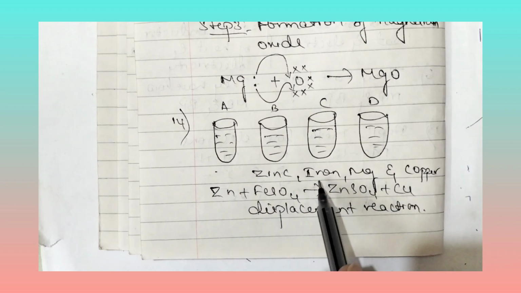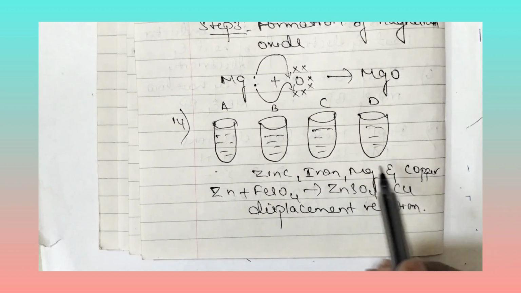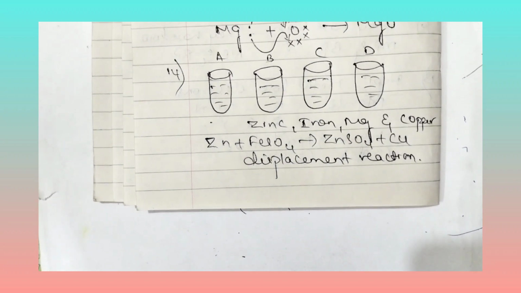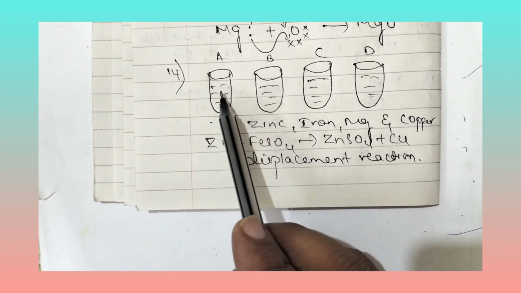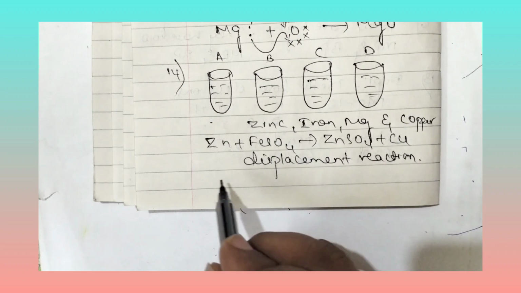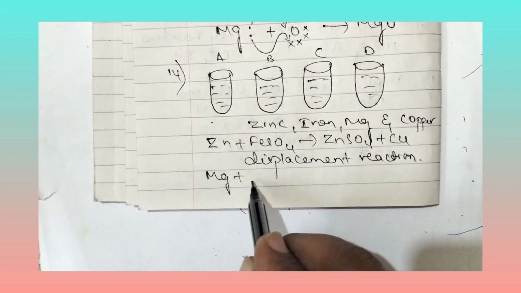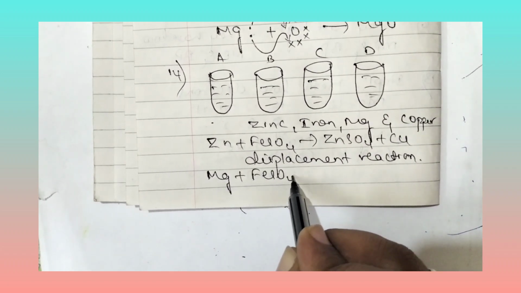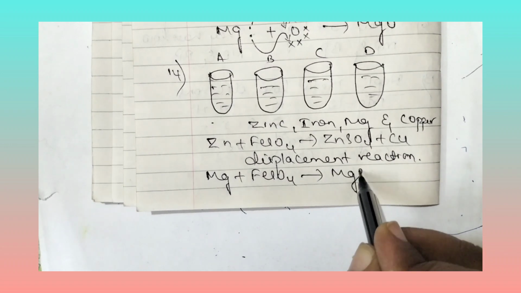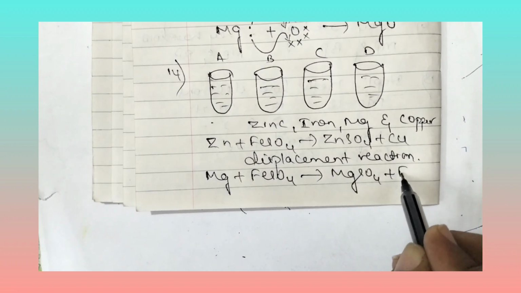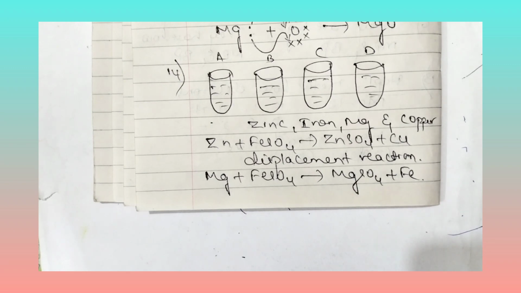Then if I take magnesium and dip it in the solution, again magnesium reacts with ferrous sulfate to form magnesium sulfate and iron. Here magnesium is more reactive than iron, therefore magnesium displaces iron. So here there are 2 possibilities. In both, displacement reaction will take place, because of higher reactivity.